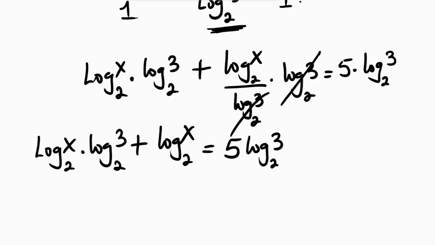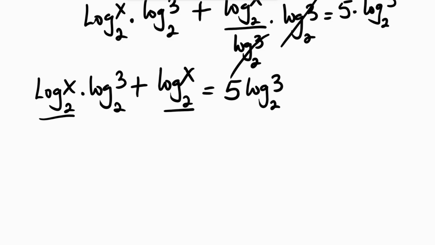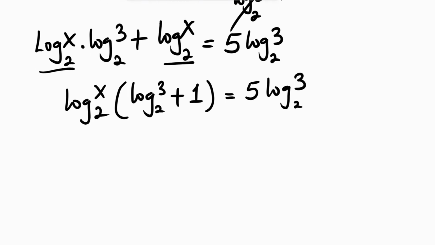Now we can see that there is a like term, log of x base 2. So let's collect like terms, and then we have log of x base 2 times log of 3 base 2 plus 1 equals 5 log 3 base 2. So now the target is to find the value of x. So we divide both sides by log of 3 base 2 plus 1.